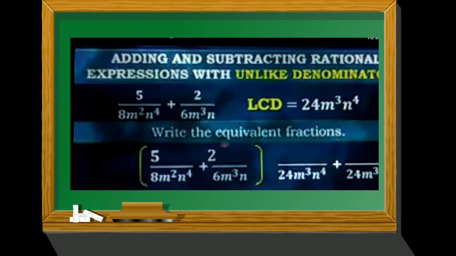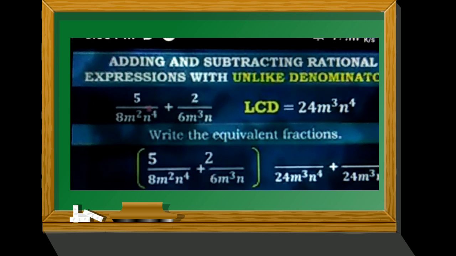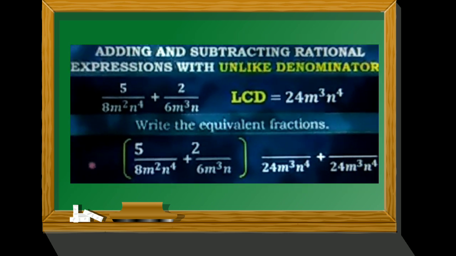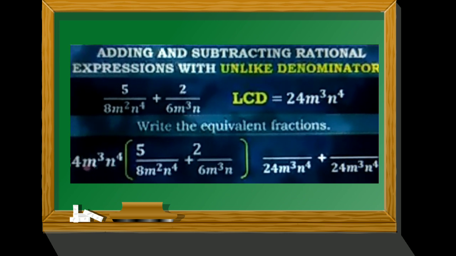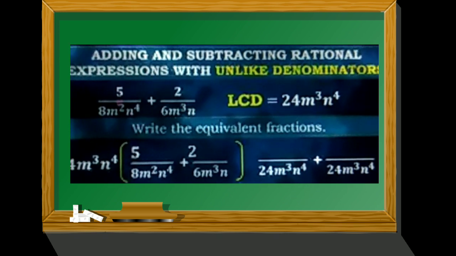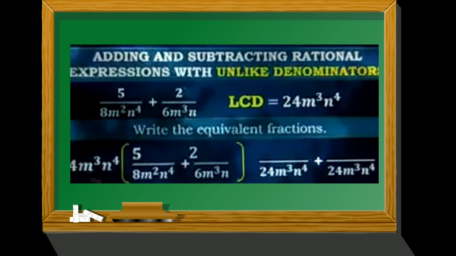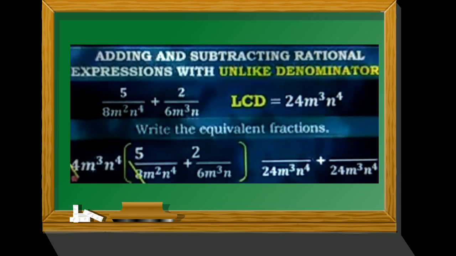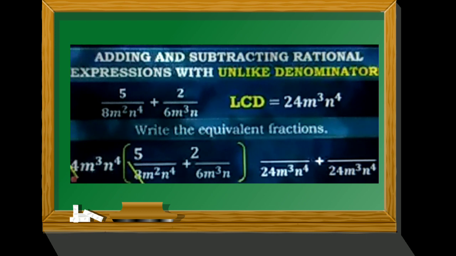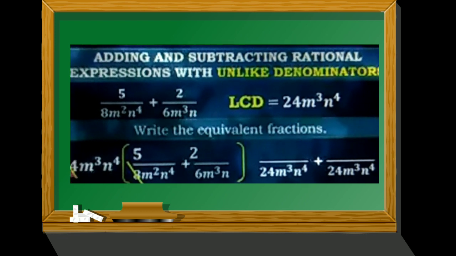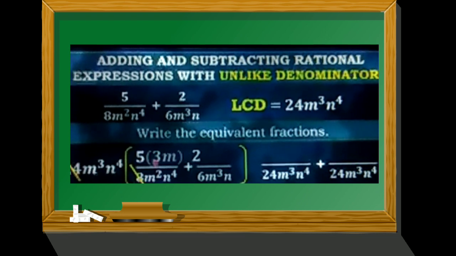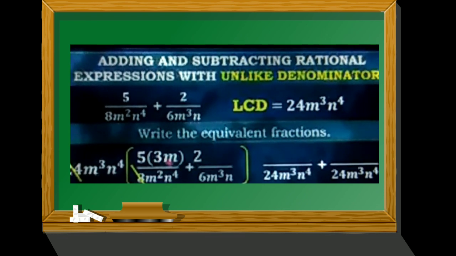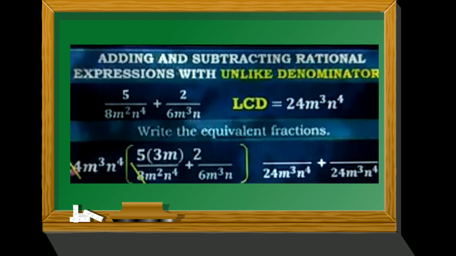So this is the given LCD we get. Let's put it on the left side. Now what we are going to do, again, let us copy it. First step, you can cancel out, divide. We will have 24 divided by 8, that is 3. Next, for m, we have 3 minus 2, that is 1.